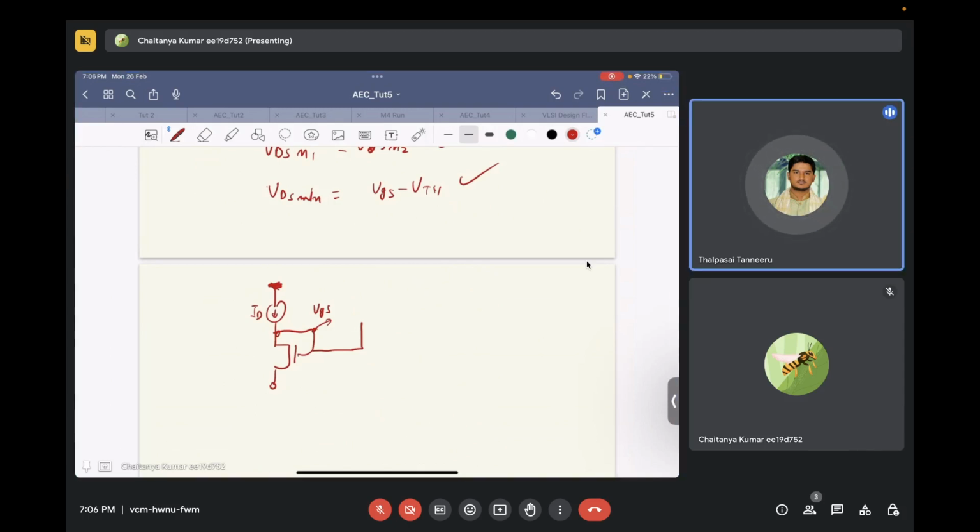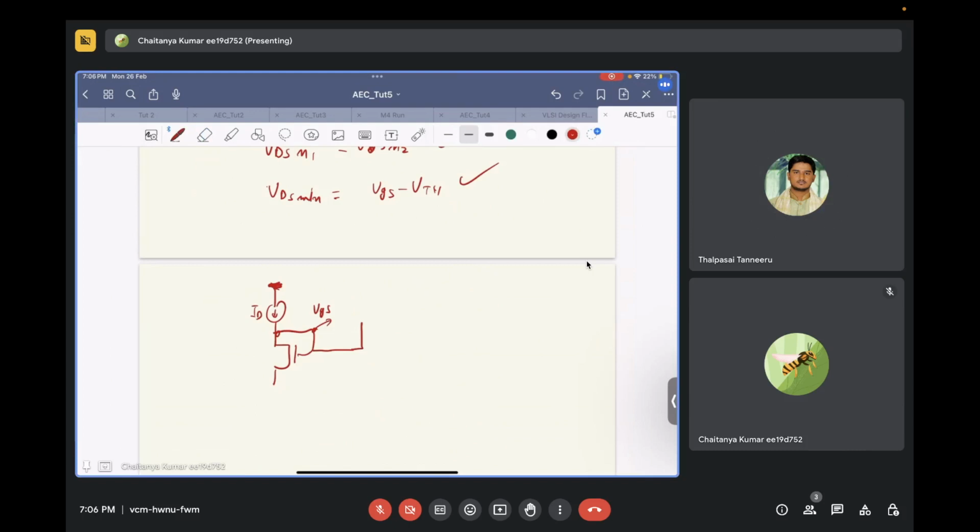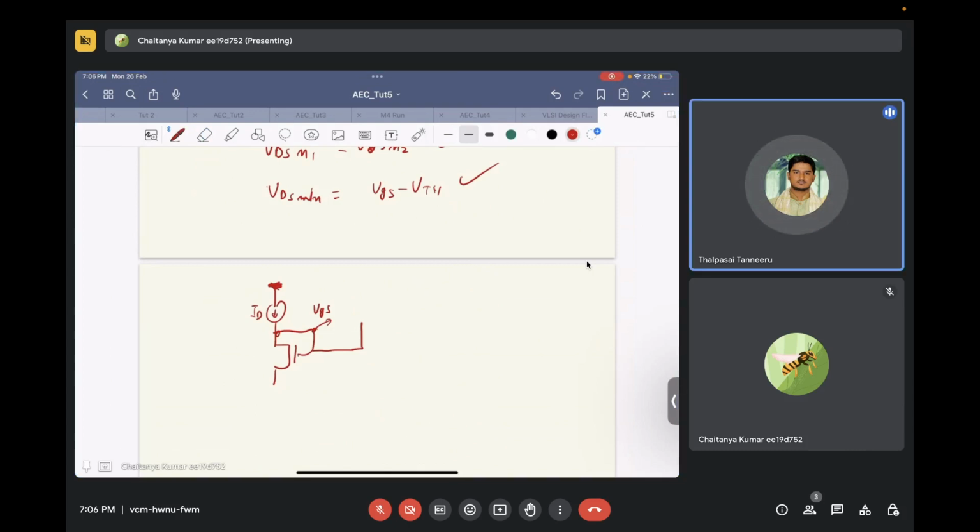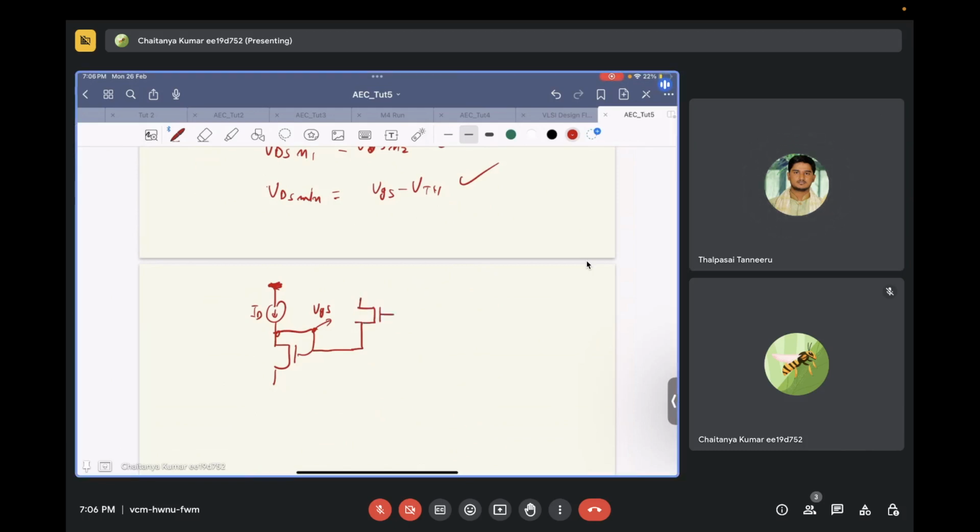Yeah, it is connected to the gate terminal, to the VGS terminal, sir. Other end, right side. Let's say you have one more of this thing over here.